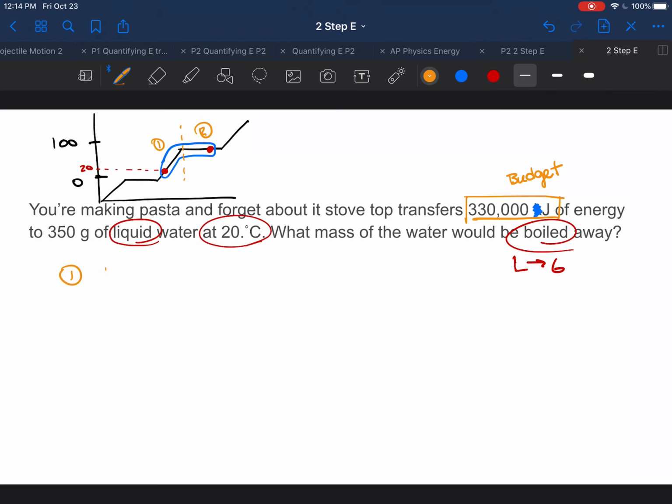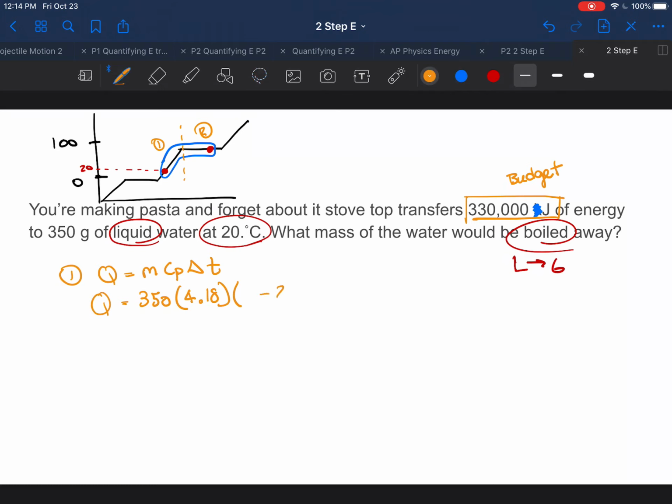So 1, how much energy is required, or how much of my budget do I have to use just to heat it? Well, for heating it, I know I'm using this equation here. So the mass of the water that's being heated is 350. Specific heat of water is 4.18.